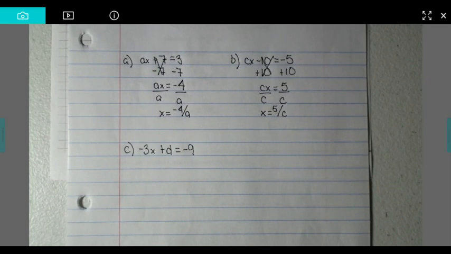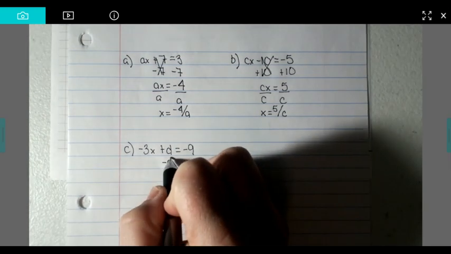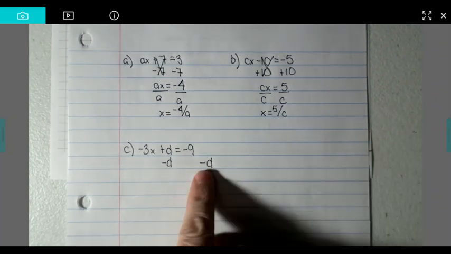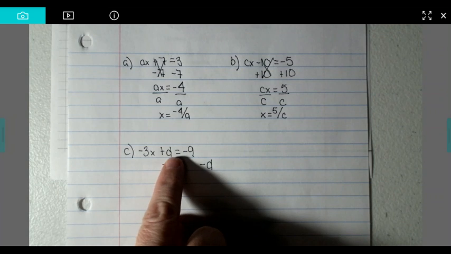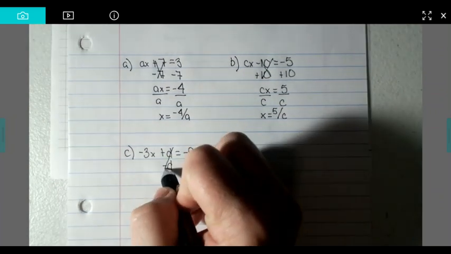So in order to isolate the term with the x, that means we need to move the d first. In order to move the d, we're going to subtract it. So I subtract d on both sides of my equation. Please notice the way I wrote this. I did not write it underneath the 9 because they are not like terms.